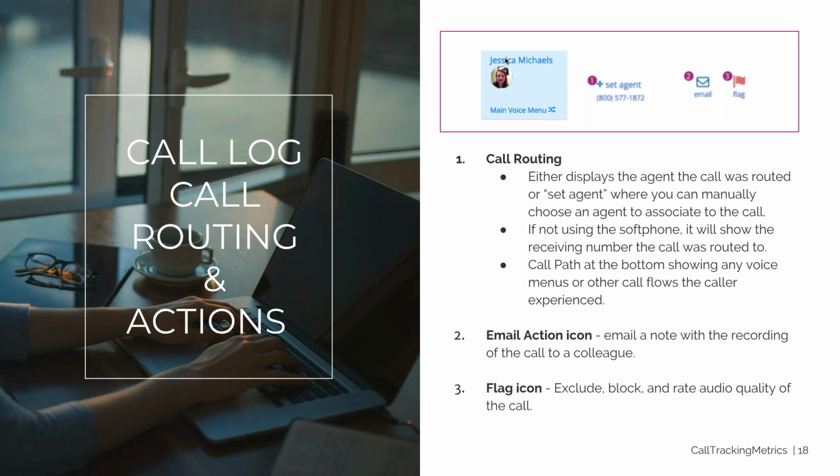So this would actually be the agent configured inside of the CTM users, which we'll be covering on Thursday. And then it'll show you where it was routed through. So if you're not using the Softphone, it'll show the receiving number where the call was routed. And then the call path on the bottom is showing any voice menus or call flow that the caller experienced.